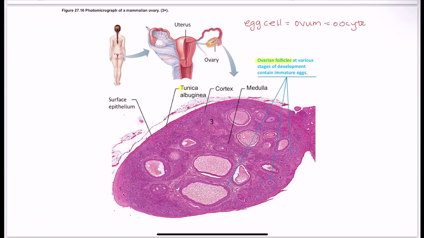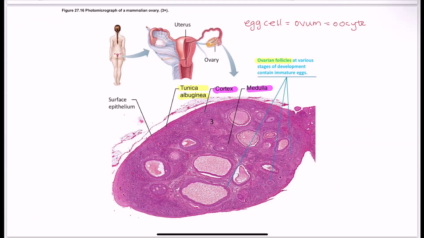So it also has an outer white layer, just like the testes do. But there's an outer functional part, and that outer functional part is called cortex. The cortex is where most of those follicles hang out, and then the middle functional part is called the medulla, and that's for nerves and blood vessels and stuff.